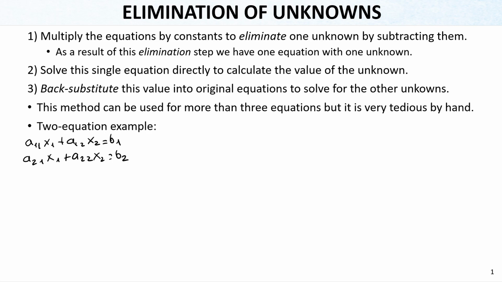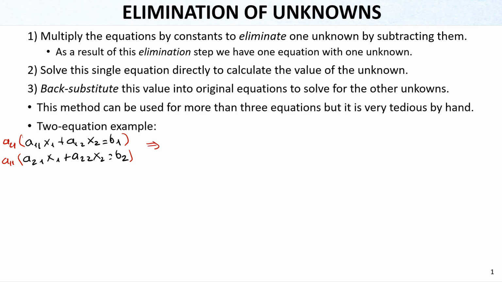So what we need to do is just multiply the first equation by the first constant of the second equation, a21. Similarly, multiply the second one by the first term of the first equation, a11. If we do this, we will have a common term for x1 so that we can subtract them.